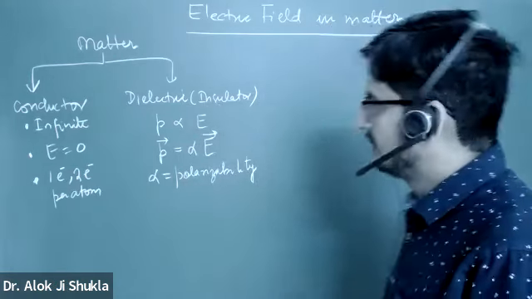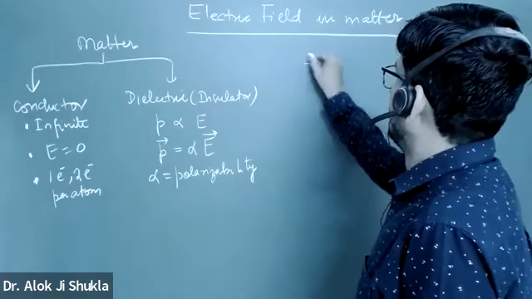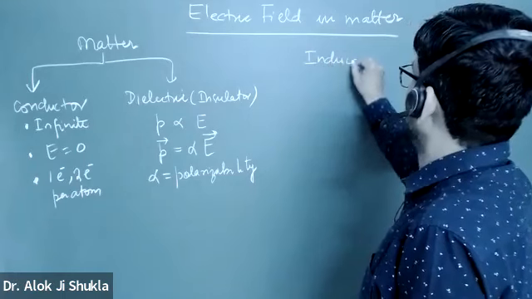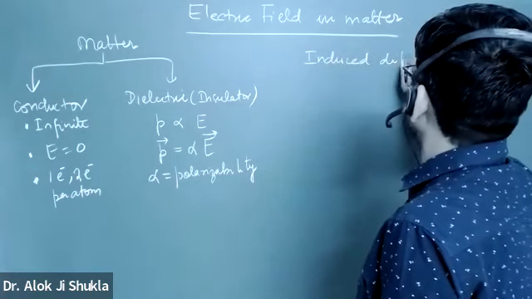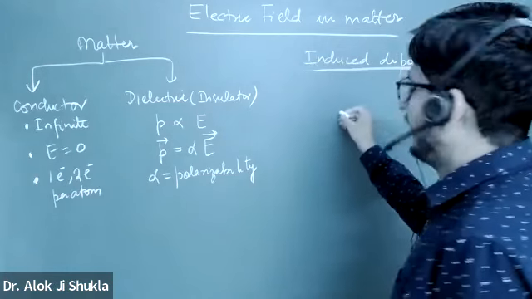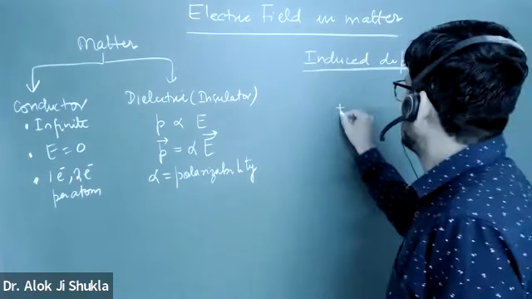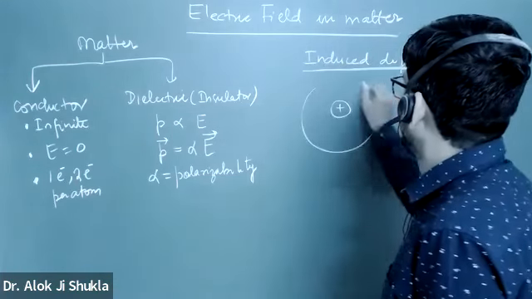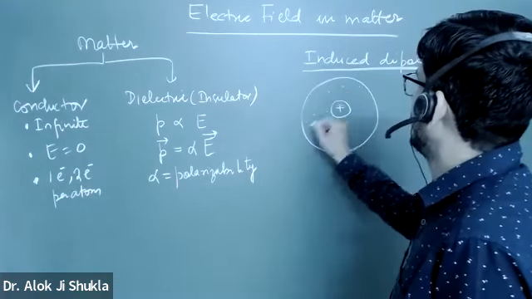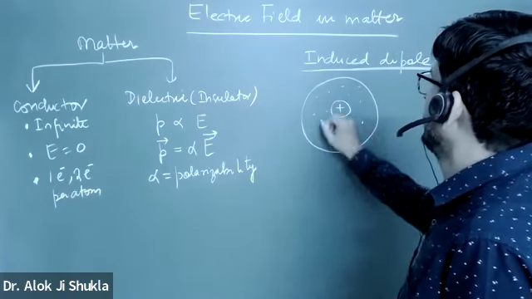Okay. So what I wanted to tell you regarding the induced dipole thing, that if you see an atom is like this. You have a positive center and then the negative cloud, and overall these are the negative clouds of electrons. Okay.